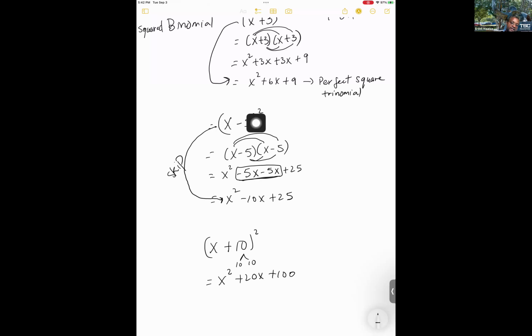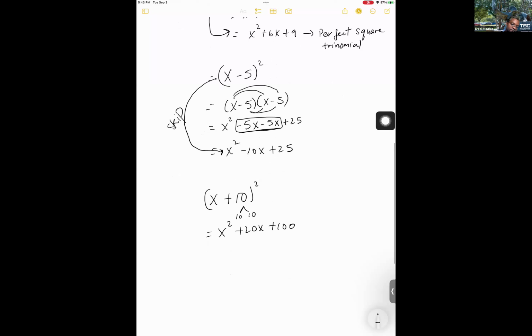And then negative 5 squared gives me the 25. And of course, the first term is just x squared, right? So knowing this pattern, I can take any x minus 11 squared and immediately write out the answer: x squared minus 22x plus 121. Questions there?